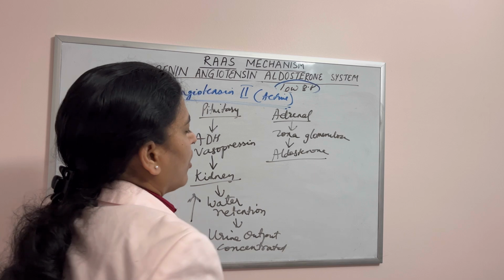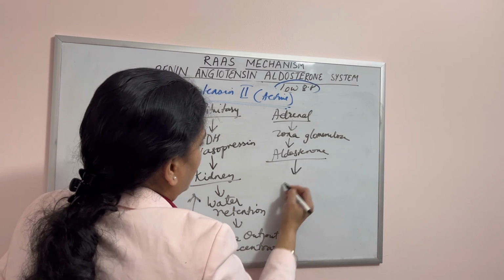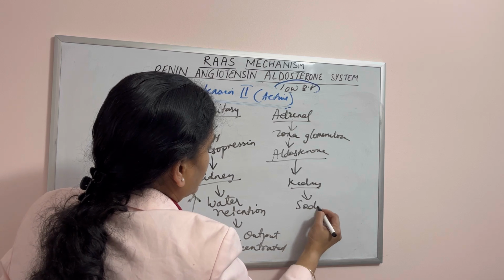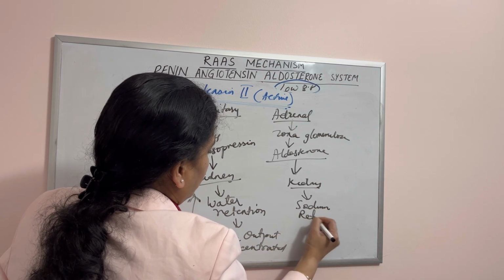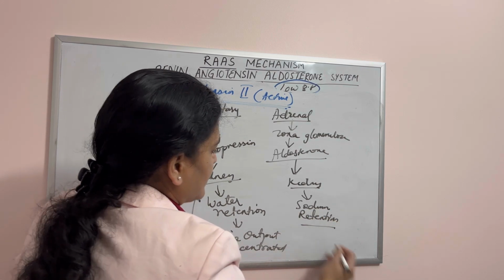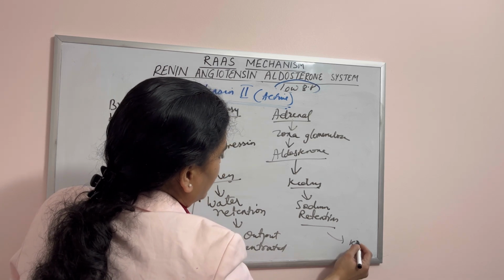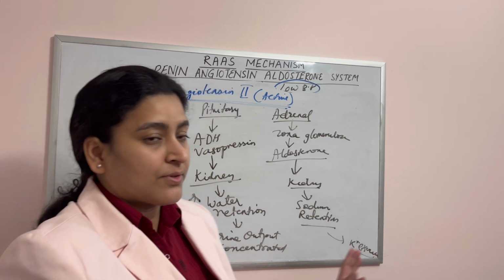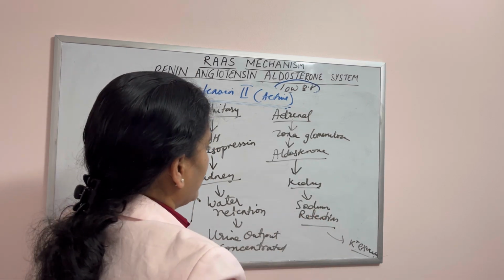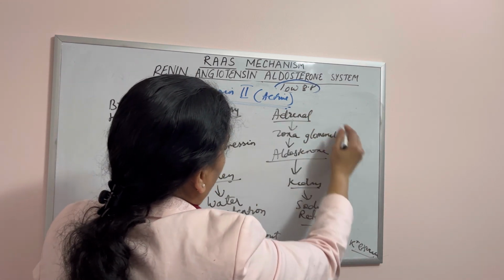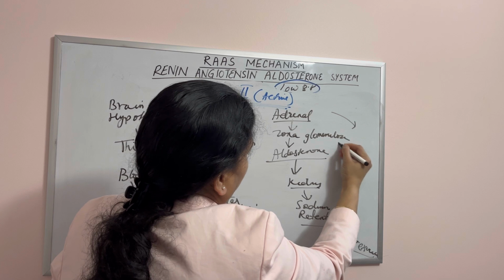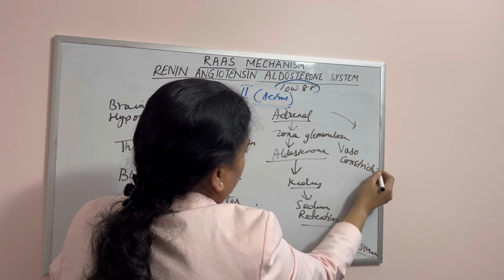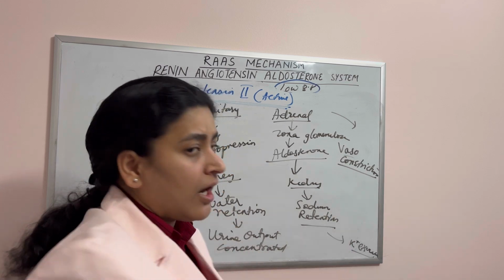Okay, aldosterone hormone, and this one acts upon the kidney cells, and it causes sodium retention. That means basically potassium is getting excreted. Okay, we are losing potassium, we are retaining sodium, and then it would also cause the vasoconstriction of the arteries.